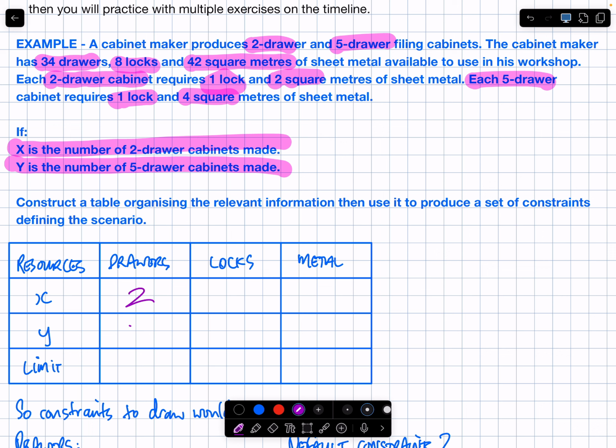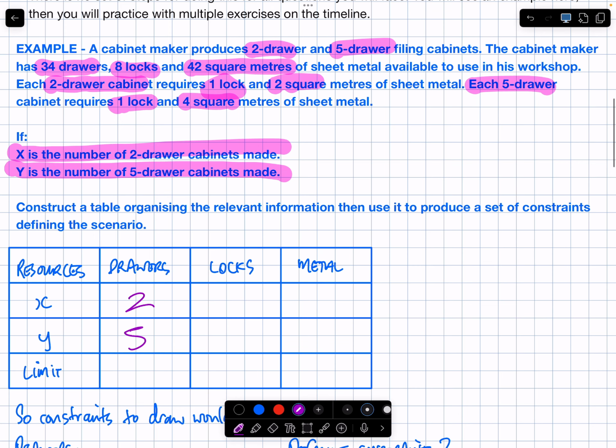See how I'm filling in my table? And then you tell me, in the information, how many drawers does he have to draw from? How many drawers does he have that limits him? What's the amount of drawers in the back? 34. Good. So if I have a limit of 34, can I go greater than or equal to 34, or do I have to go less than or equal to 34? Less. Good, less than or equal to 34.